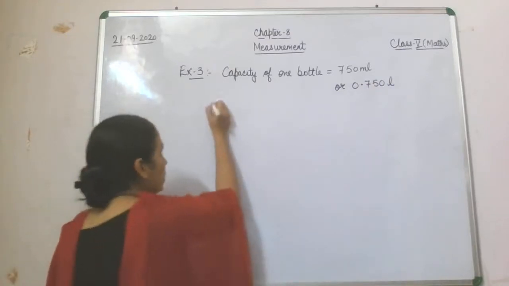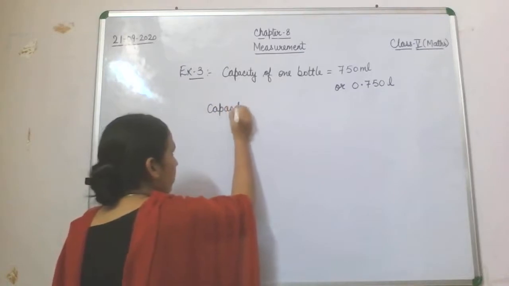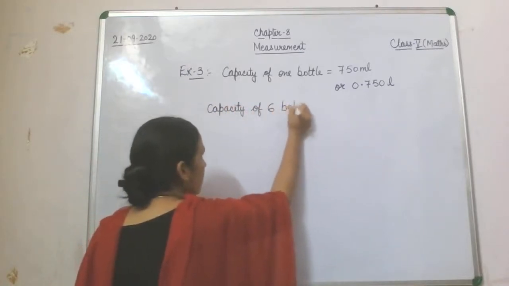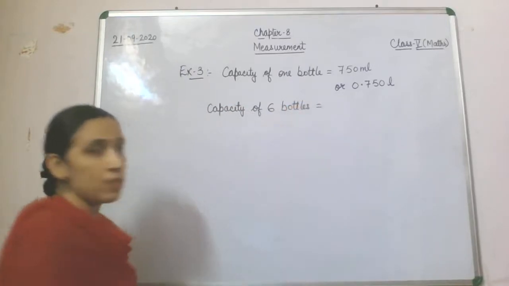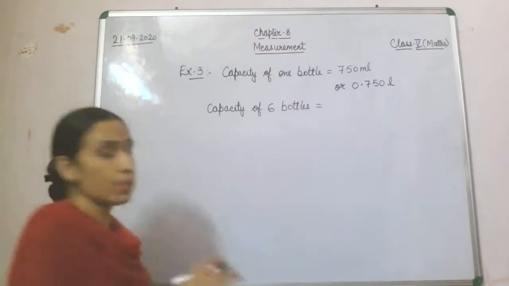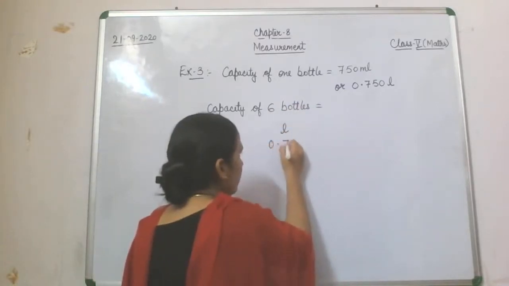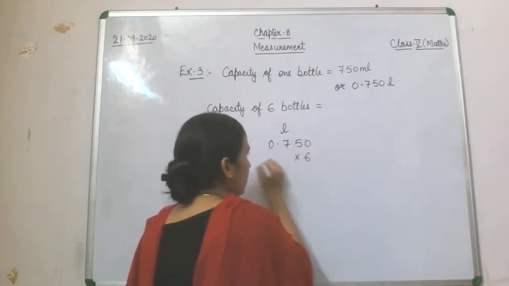Now what you are supposed to find out? Capacity of 6 bottles means how much ruafza will be required to fill 6 bottles. So you will write liters here, 0.750, that will be multiplied by 6.